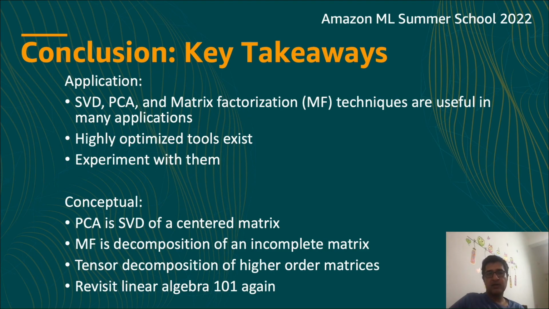Matrix factorization is decomposition of an incomplete matrix where the individual elements are not completely observed. Tensor decomposition is when you have higher order matrices, or tensors, involved. And my overall recommendation would be that please revise your linear algebra 101 again. It is probably more useful than what you thought when you first studied it.